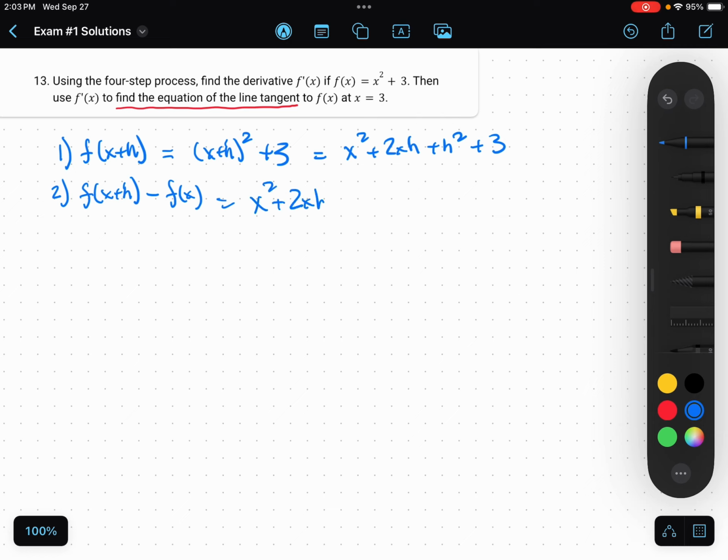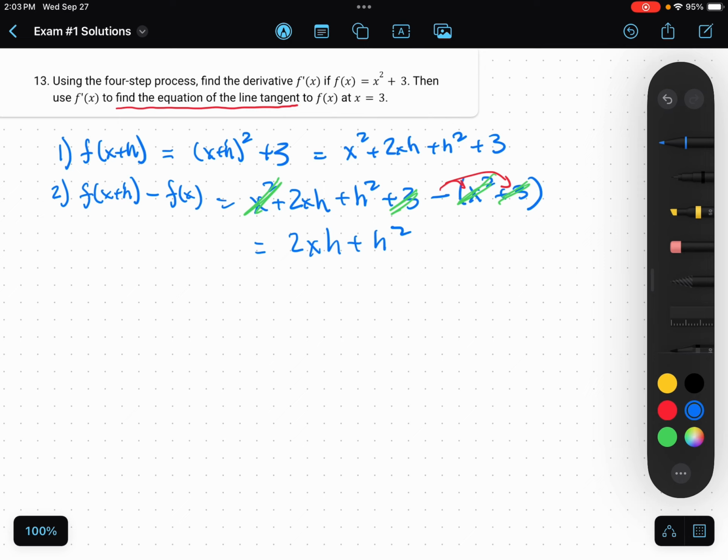That's x squared plus 2xh plus h squared plus 3, and then we're subtracting x squared plus 3, the whole thing. Ultimately, we're going to distribute this negative sign to both of those. When you do that, all that happens is the x squared cancels and the 3 and the negative 3 cancel. So the result of step 2 is 2xh plus h squared.